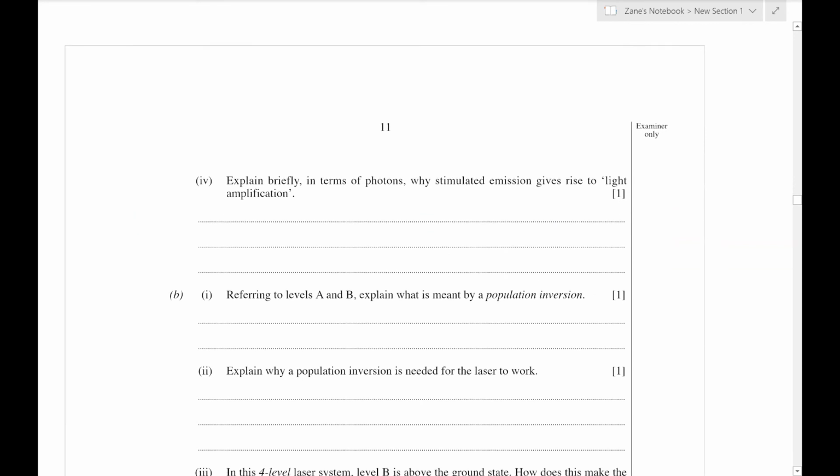The question then asks us to explain briefly in terms of photons why stimulated emission gives rise to light amplification. Well, we started off with one passing photon, and we've ended up with 2 photons. So simply we've doubled the number of photons, and this keeps on happening every time stimulated emission occurs.